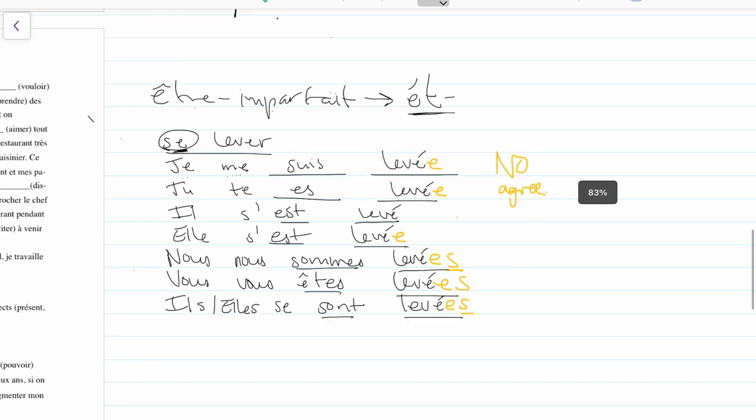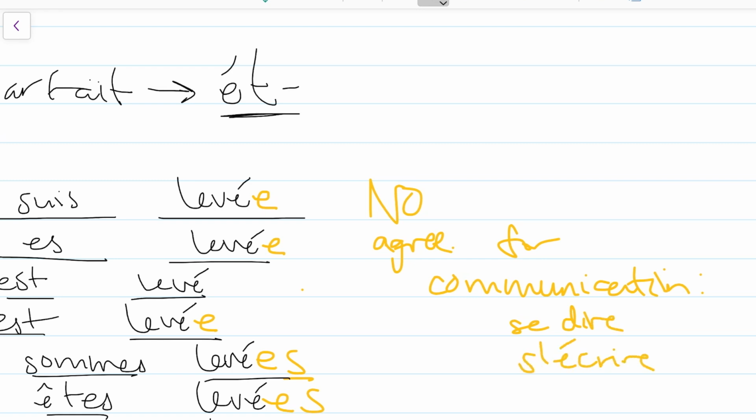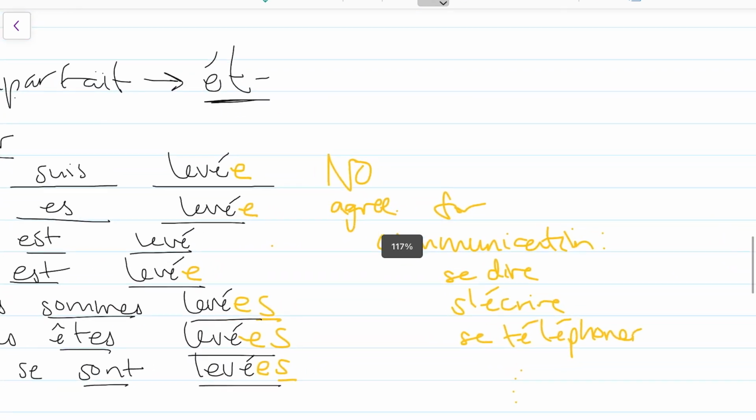is you will get no agreement if you have a communication verb. So something like se dire, s'écrire, se téléphoner. And you should go back into your book to find out what are the other ones that do not get agreement.